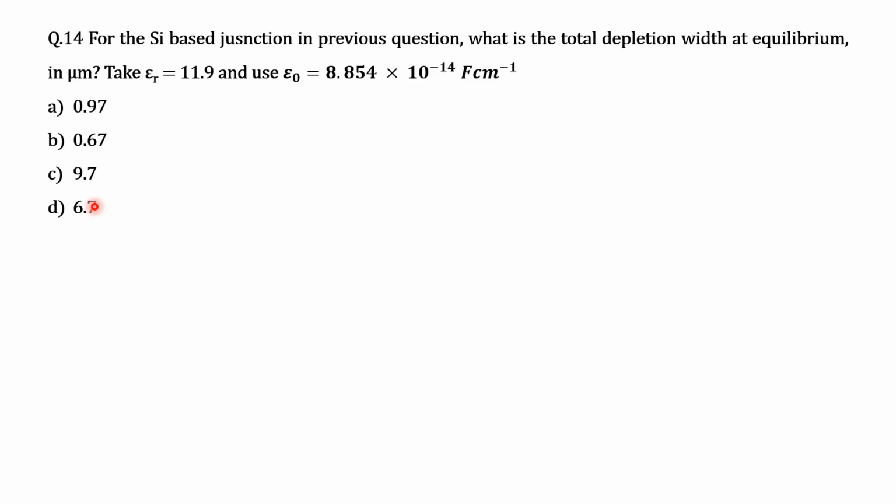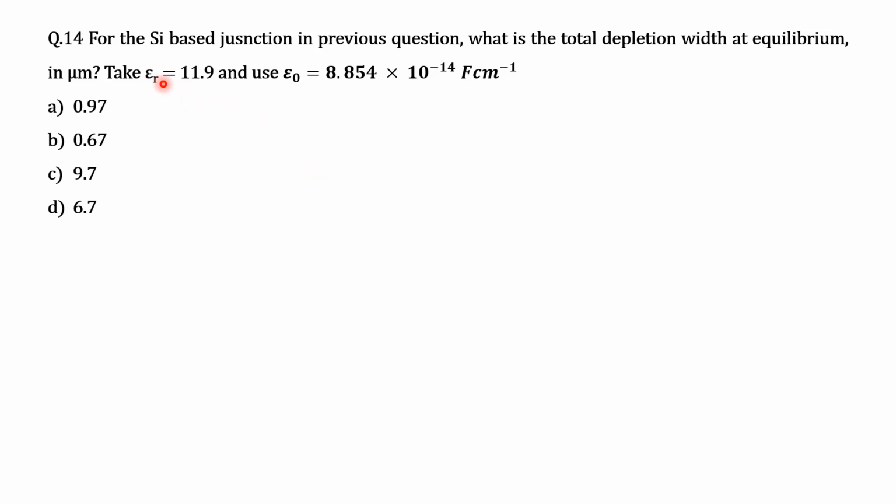So as a continuation to this question, for the silicon based junction, so the junction spelling is wrong in the previous question, what is the total depletion width at equilibrium? So epsilon 0 and epsilon r are given to us. Epsilon r is given to us and epsilon 0 is given to us, and once you have epsilon r and epsilon 0, you can find the value of epsilon.